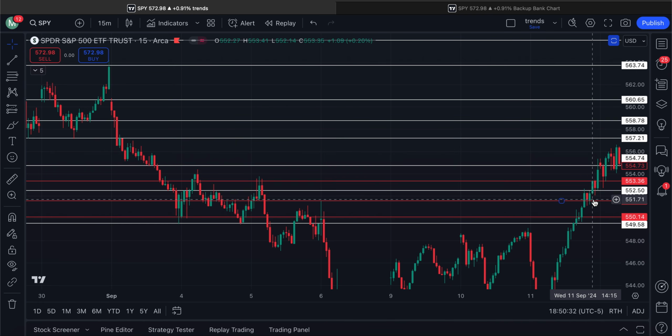FVG stands for fair value gap, and we cannot close underneath right here. If it closed underneath, we could probably get a price target back to over here, but it held the FVG to get the price target towards the upside. It held our key pivot and gave us our next price target, which is our other key pivot, 551.19.